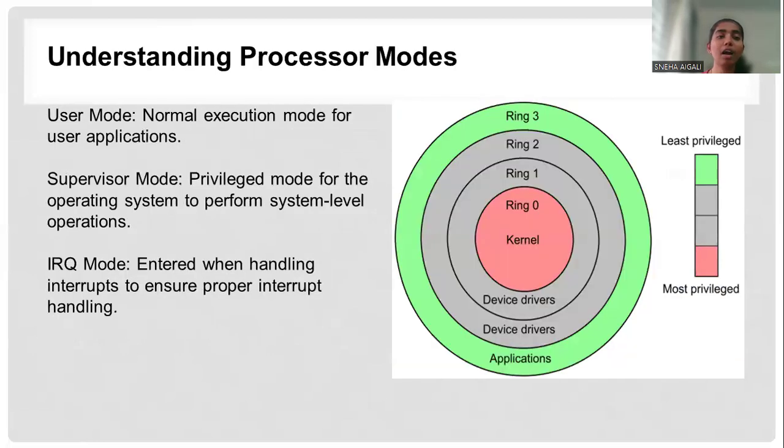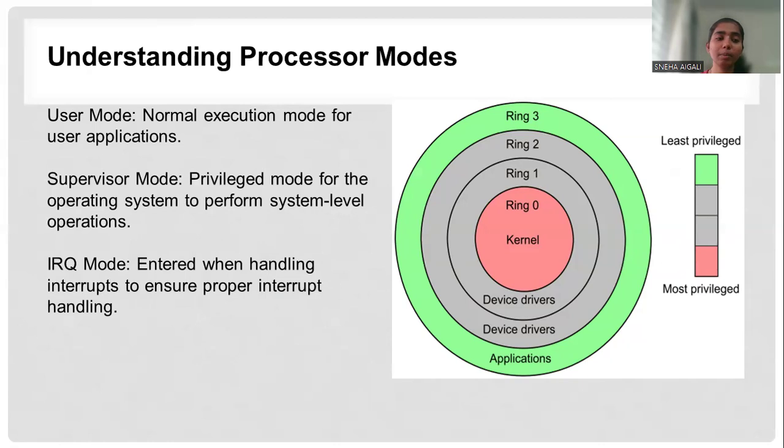Now, next up, we have understanding the processor modes, in which we have user mode, supervisor mode, and IRQ mode, that is interrupt request mode. First up is user mode, the normal execution mode for the user applications. Next is supervisor mode. In supervisor mode, it is a privileged mode for the operating system to perform the system level operation.